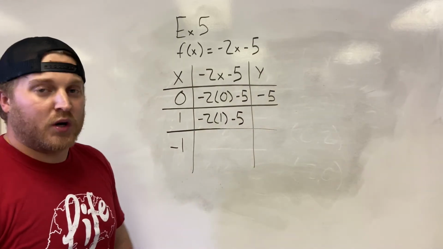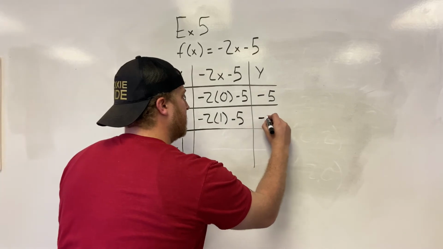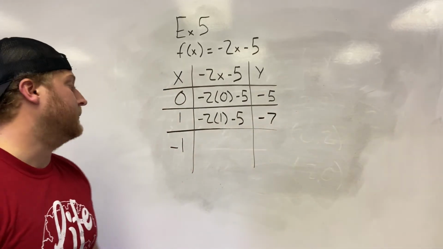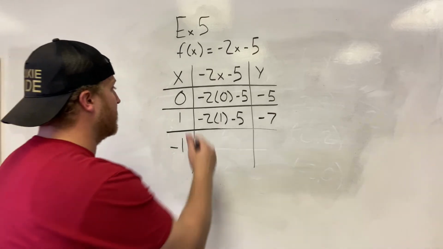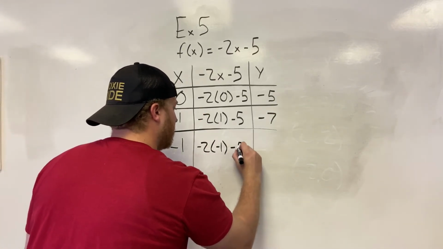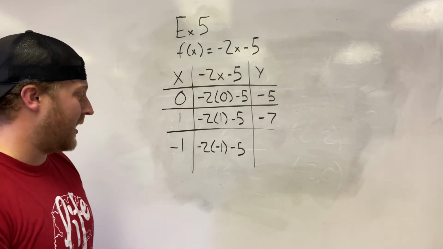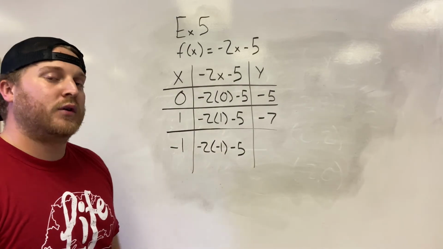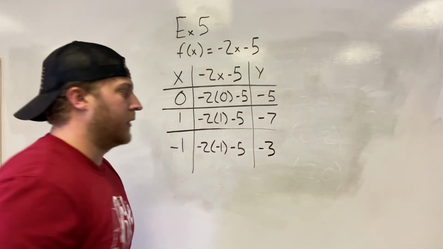Negative 2 times 1 is negative 2. Negative 2 minus 5 is going to be negative 7. And our last column is x equals negative 1. So we have negative 2 times negative 1 minus 5. Negative 2 times negative 1 is positive 2. Positive 2 minus 5 is going to be negative 3.